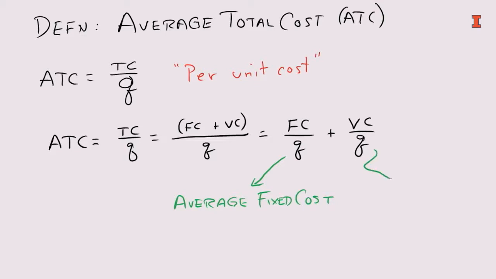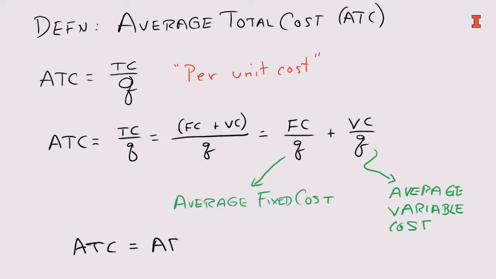And this term we call average variable cost. So average total cost is equal to the sum of average fixed cost plus average variable cost.